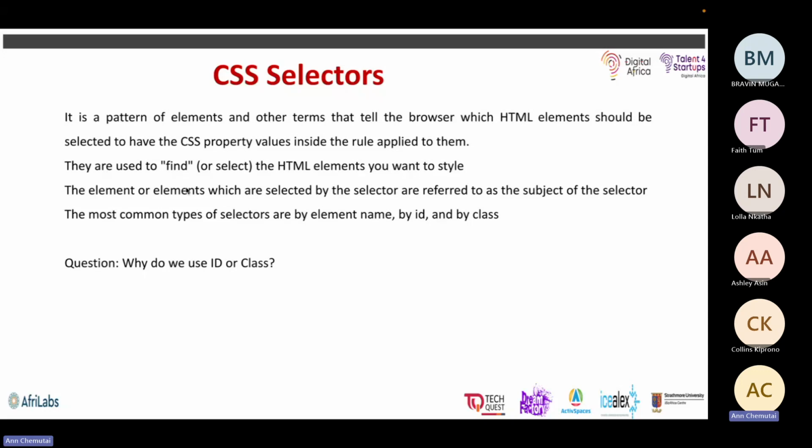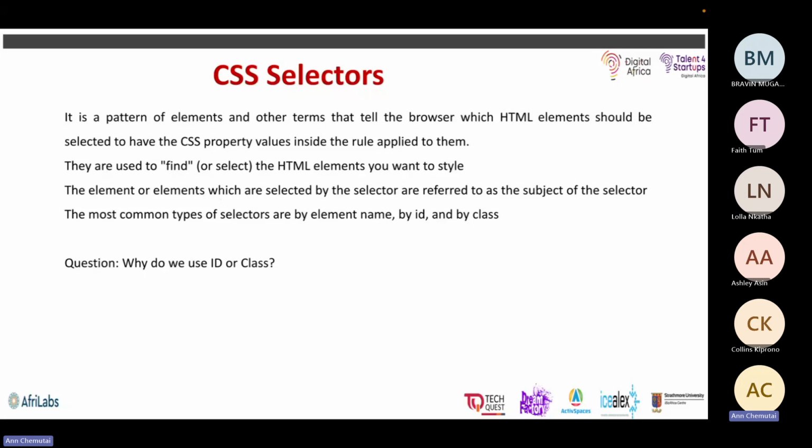Okay, so the elements are selected by the selector and are referred to as the subject. I think this slide is trying to explain code in a way, but it's easier to see it in action. Now, the last line just before the question: the most common types of selectors are by element name, by ID, or by class, right?